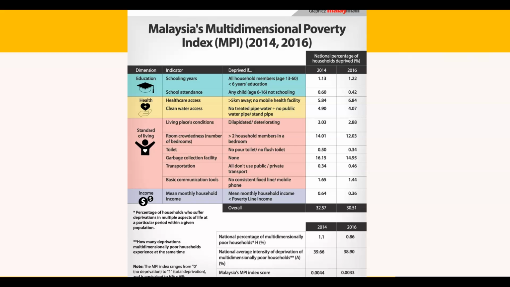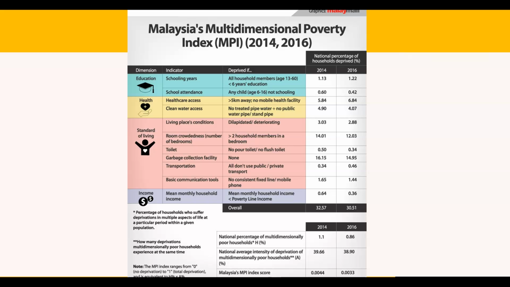Again, from the documentary you watched just now, these are the dimensions. Instead of income, they look at education, health, and standard of living. For the education dimension, the indicators are school years and school attendance.